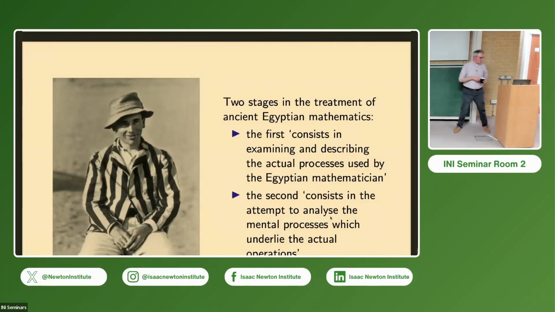Yeah, so it's embedding the text much more in a wider cultural context. So, for example, doing more with economic texts that are somehow not strictly mathematical, so they get left out by Neugebauer. So it's bringing in more texts of that kind.